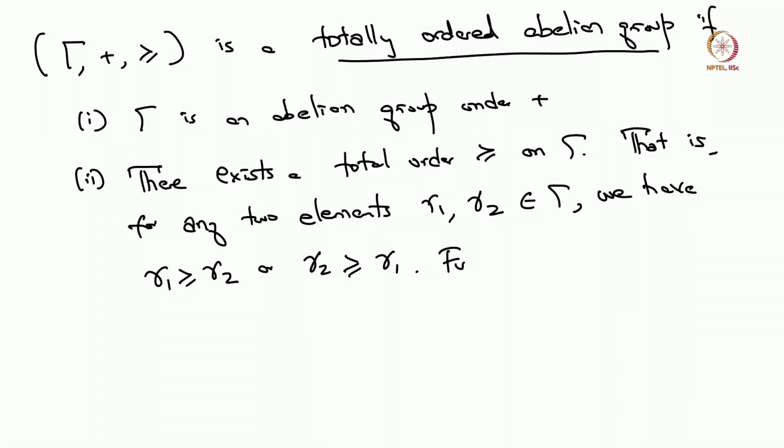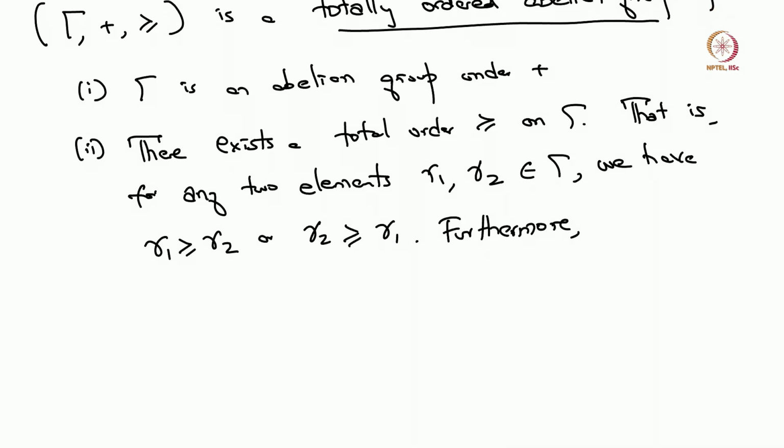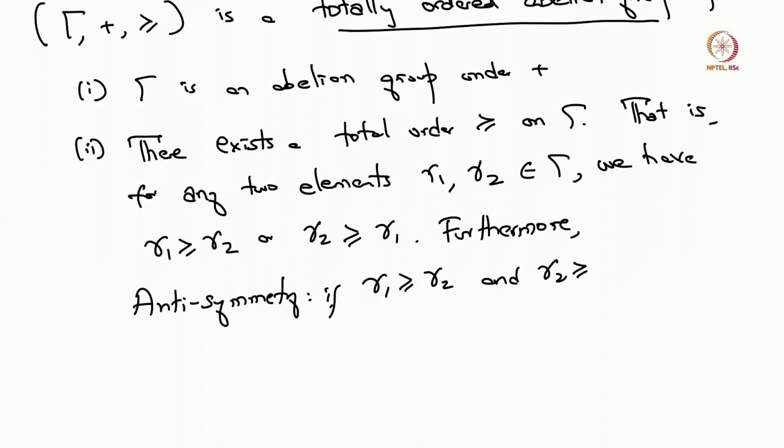Okay, so furthermore, we have this notion of antisymmetry. That is, if gamma 1 is larger than or equal to gamma 2 and gamma 2 is larger than or equal to gamma 1, this just means that gamma 1, gamma 2 are the same.